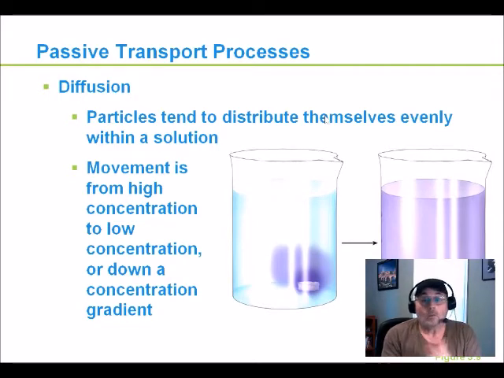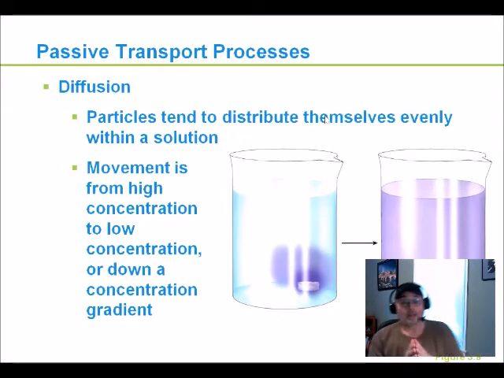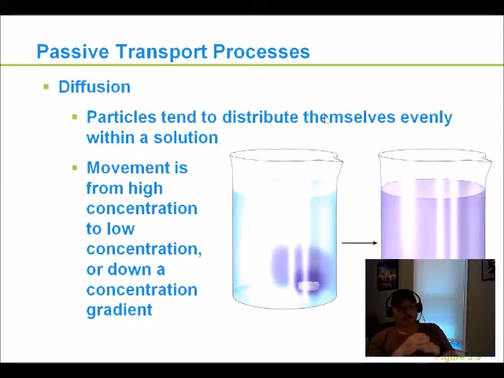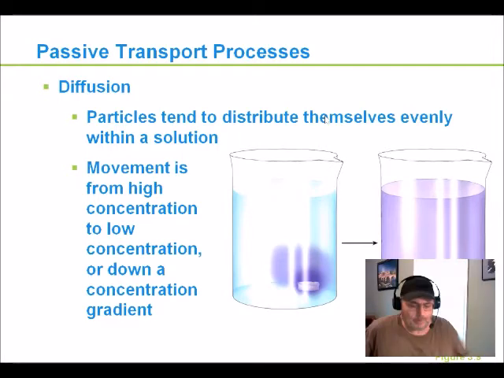Now, what we have is a tendency for things to move from an area of high concentration to a low concentration. And this is all a product of random movement of atoms and molecules. Every atom, every molecule has a certain amount of energy. And that energy was imparted to it, call it the Big Bang, call it whatever. But the fact is that we have this energy that manifests itself as slight movement.